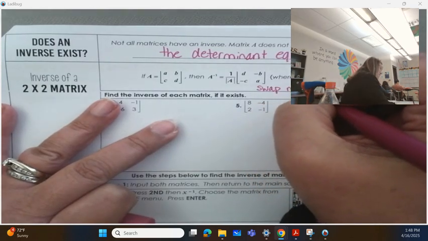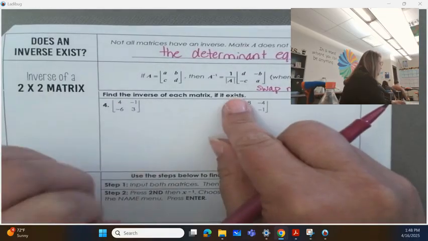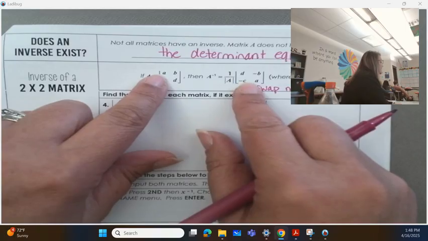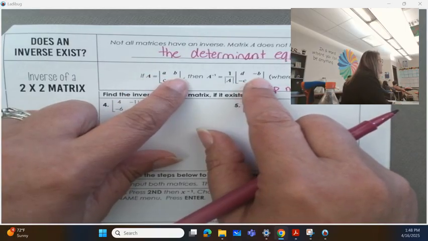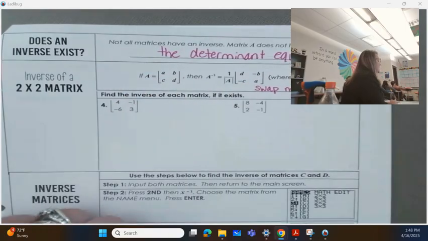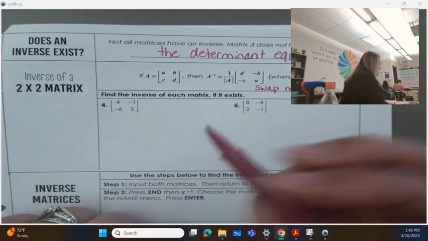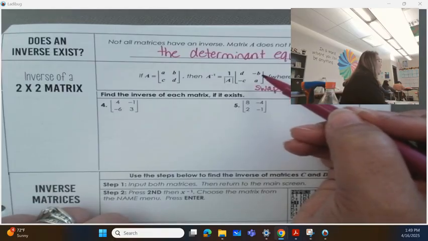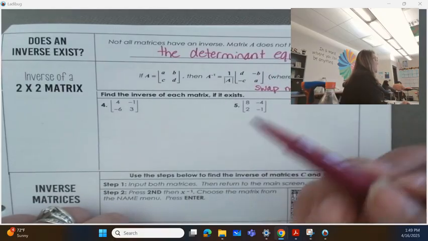It's kind of funny because if you look at it, you swap the positions of A and D, and you swap the signs of B and C. So the main diagonal swaps positions. The non-main diagonal swaps the signs.